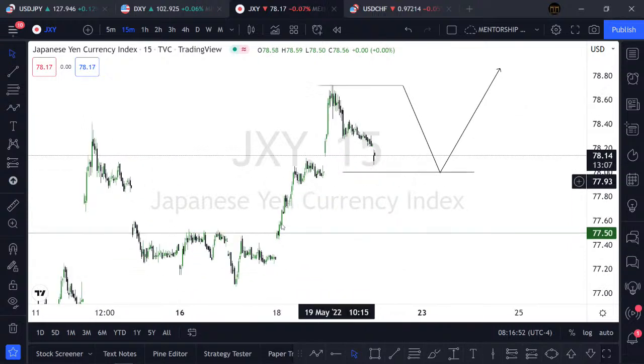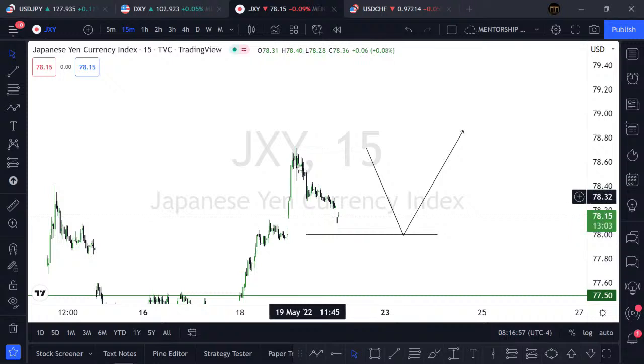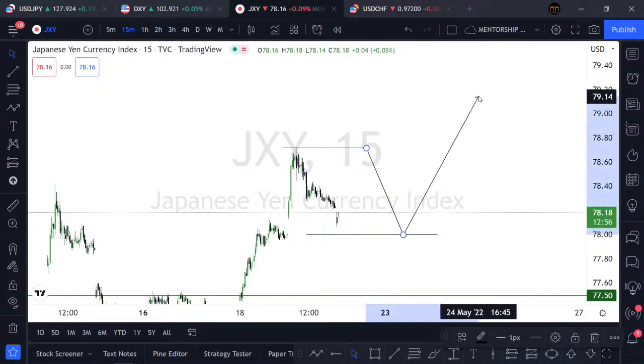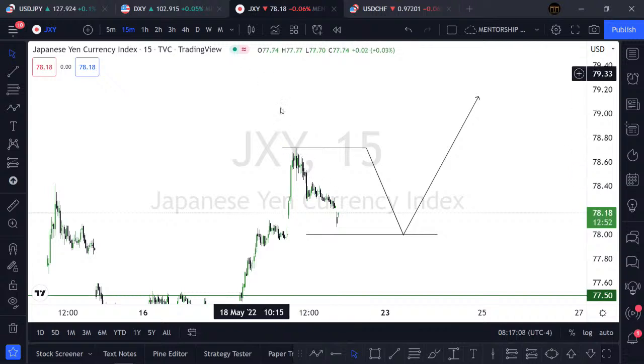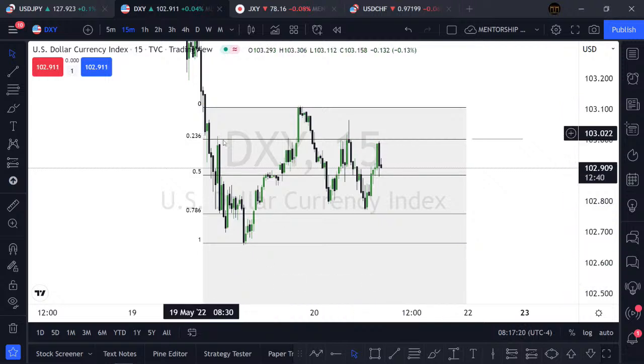It's been trading higher and higher. So this is my setup, to this 0 level. I want to see price at least trade higher on the Japanese yen currency index. When I come back to the dollar index, I have this high and this low. I have the 23% retracement level, one end.